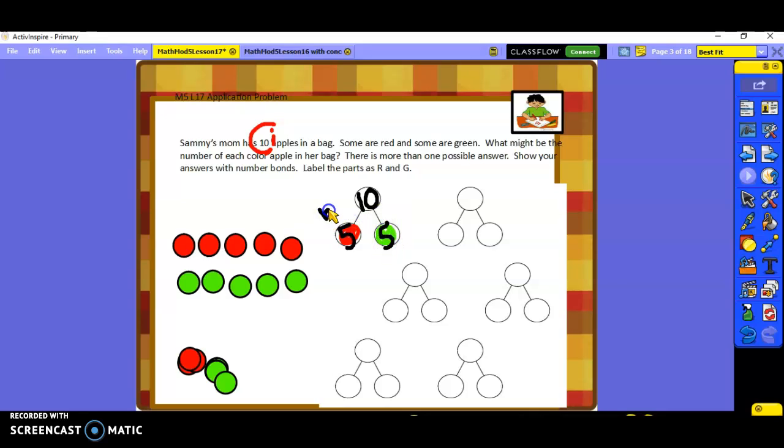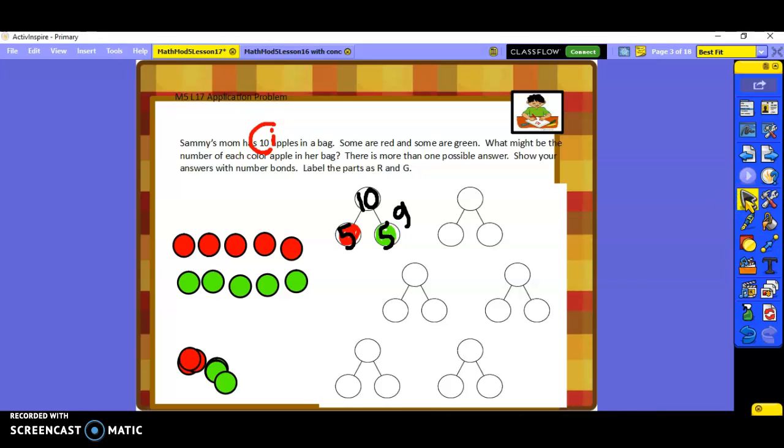You could even put a little R for your red and a G for your green, or you could just do your colors. So 10 could be 5 and 5. That's right. These two parts come together to give us our whole.